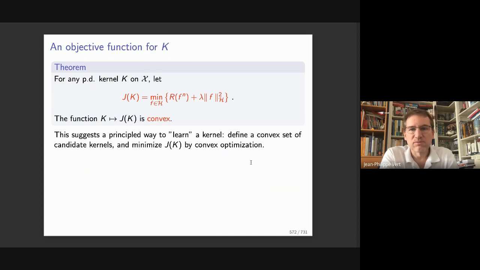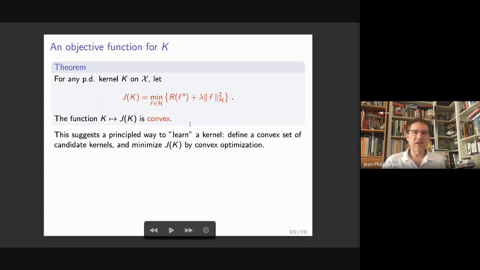So we'll present one answer to that question, which has given rise to a number of interesting developments. And the answer is that maybe we can just use the same objective function as the one we use with a single kernel.